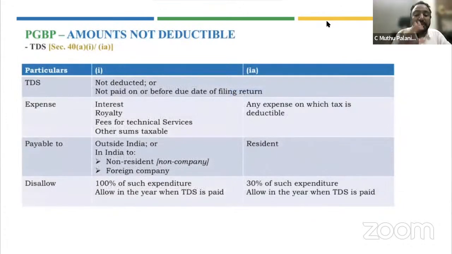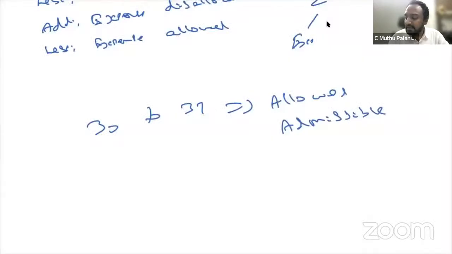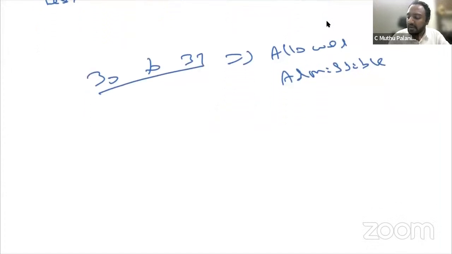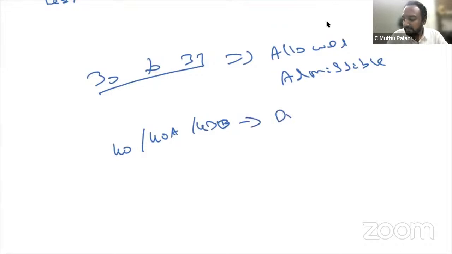With that, we have covered all the admissible deductions. When you say admissible deductions, I said sections 30 to 37. Now, section 40, 40A, 43B, these are called disallowances. 40 says this expenditure is not allowed. 40A says I am okay with this expenditure, but I am not okay with the way you have made that expenditure.